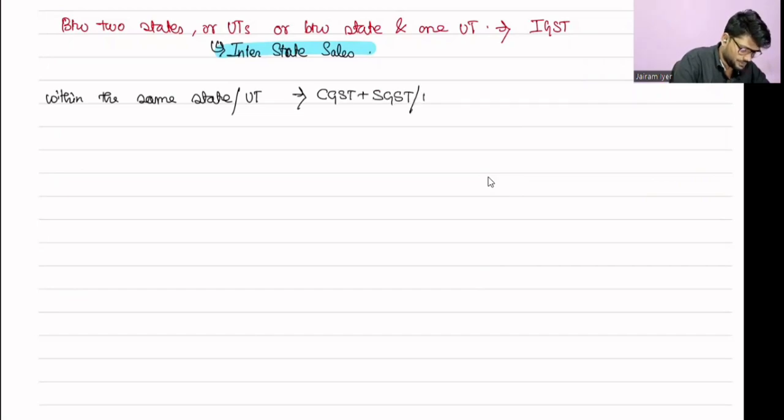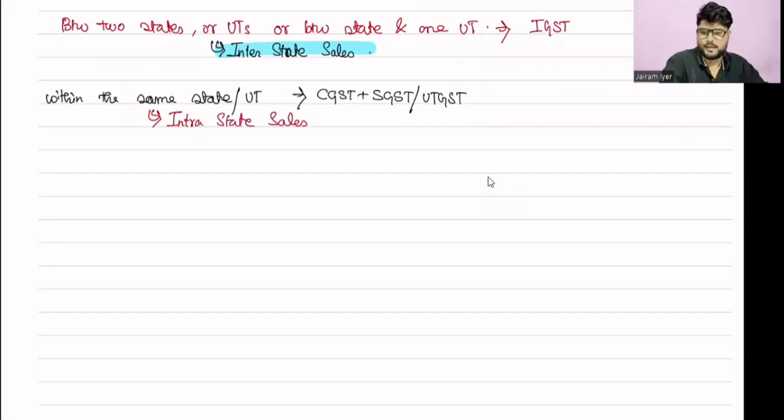If it is UT, then UTGST. If it is state, then it is SGST. And what is the term used to define them? We call it intra-state sales. Inter means between two things.